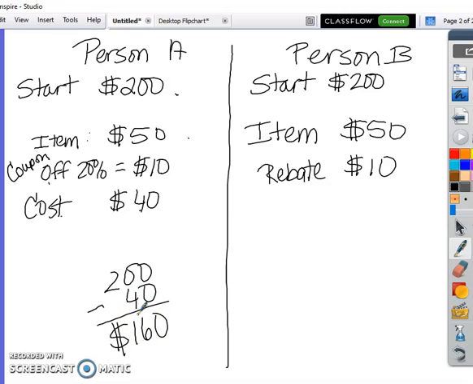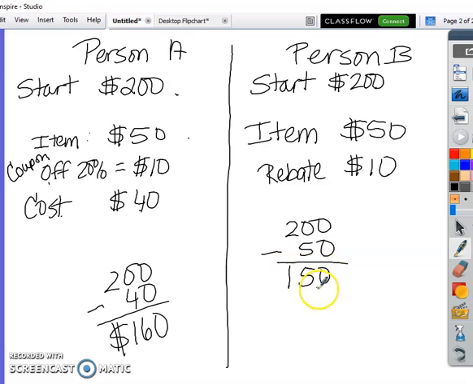So on here, I'm telling you what you should do is if you have a rebate, go on and think of it as 50 take away 10, right? Just like a coupon, 50 take away 10. Some of you are thinking, well, money back means like that's plus. Okay, well, that's true, but think of it this way. You started with $200. You're subtracting 50 for the item.